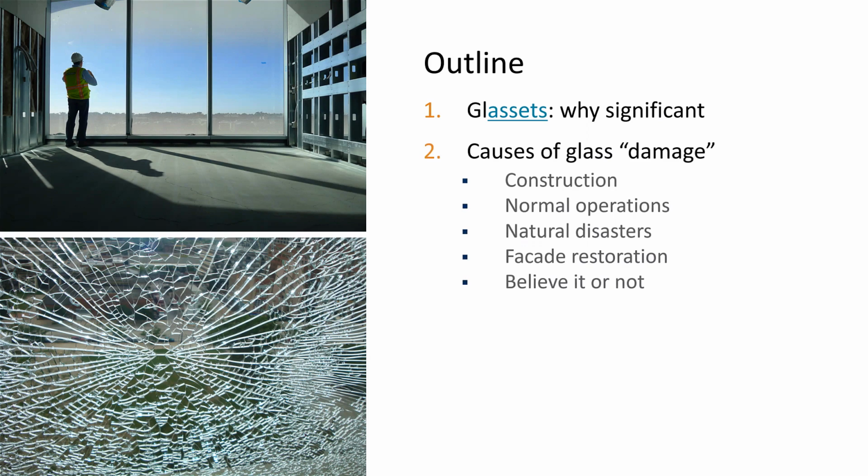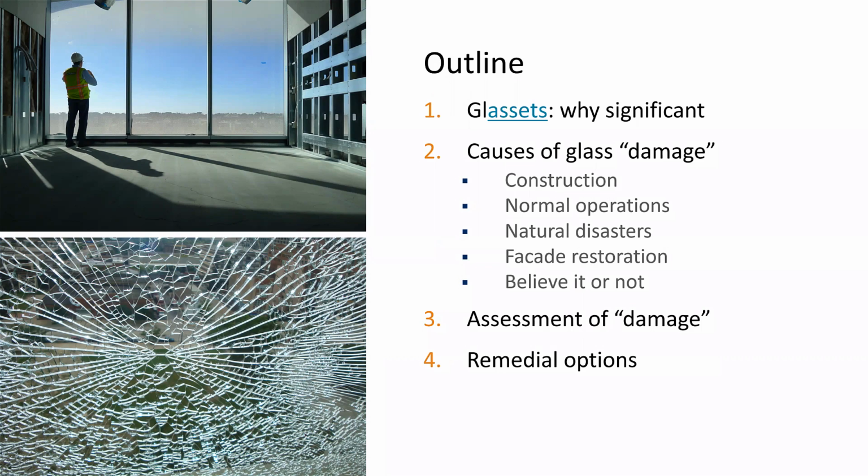We'll take a look at some common causes of glass damage, including the curious believe it or not category there at the bottom. I will continue with a discussion of how we determine whether, quote, damage is really something that's not allowed by current standards, and look at the options for remediating that kind of surface damage.